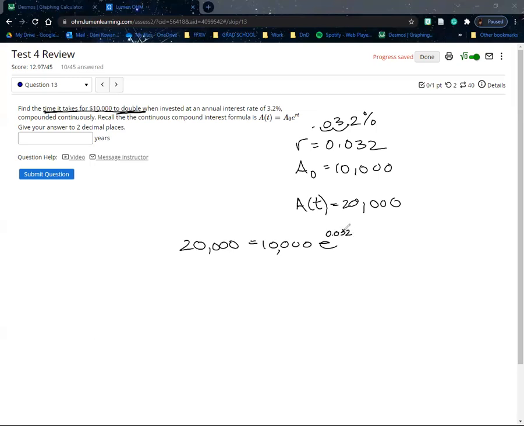What's the first step? Divide by 10,000. We're going to divide by that 10,000. And guys, these are zeros, we can cross them out. We know that this is doubled, so we know that it's 2, right?